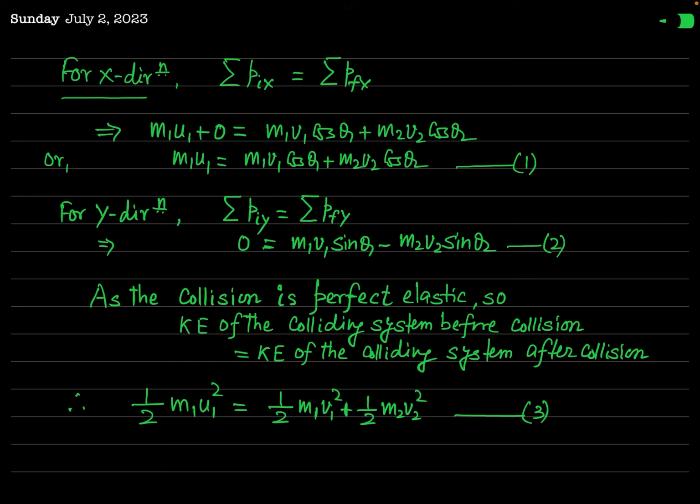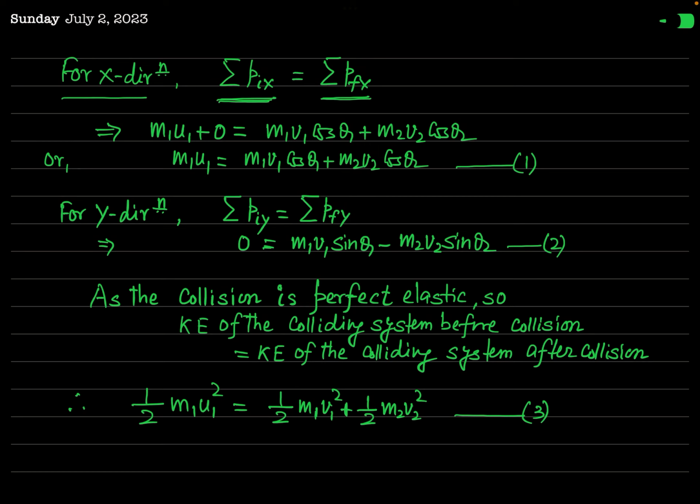According to the conservation principle of momentum, the total linear momentum of the colliding system initially, that means before collision, will be equal to the total linear momentum of the colliding system after collision, in the x direction.